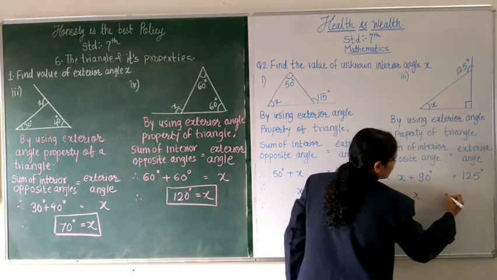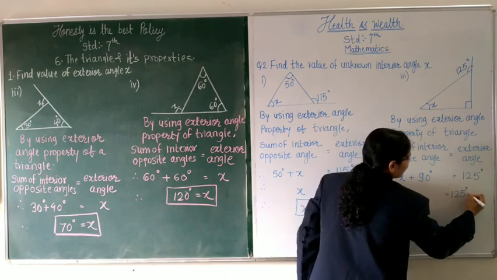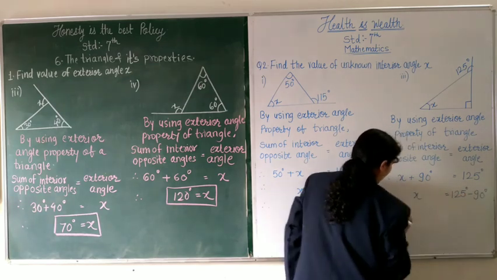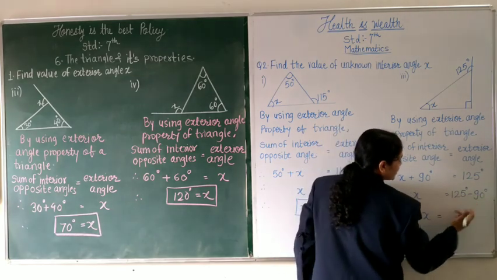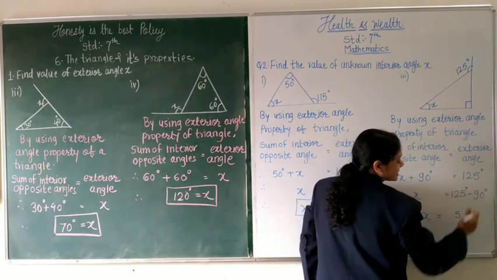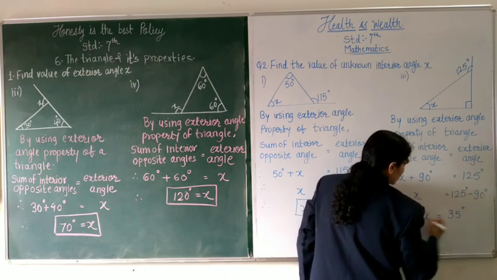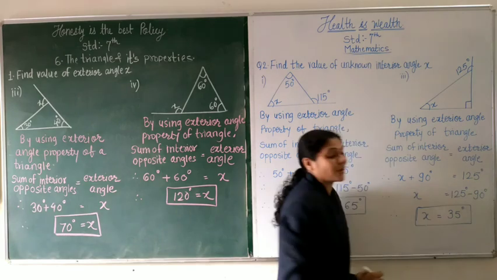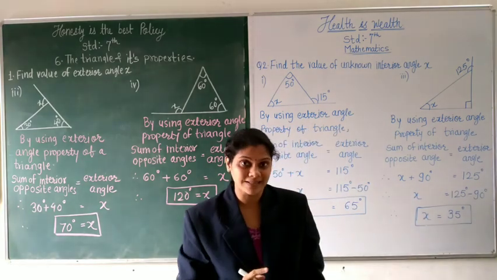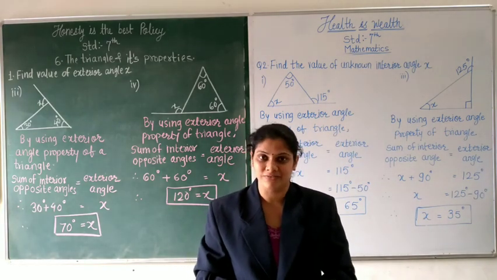So x is equal to 125 degree minus 90 degree. Therefore x is equal to, what will be the subtraction? 125 minus 90 is 35. So what is the value of x? 35 degree. As like that, you have to solve exercise 6.2 yourself.